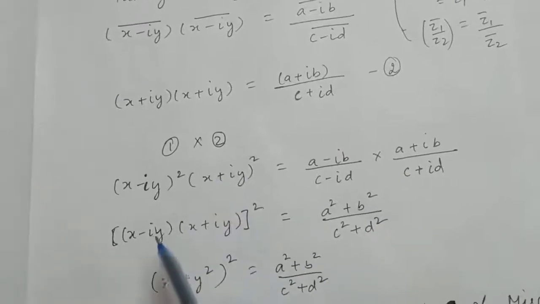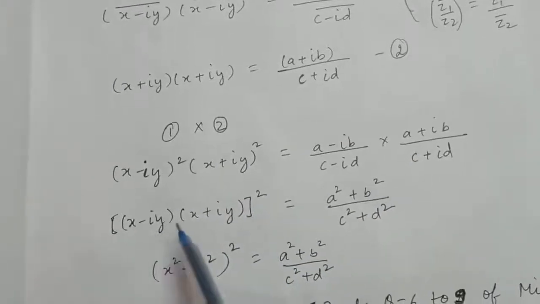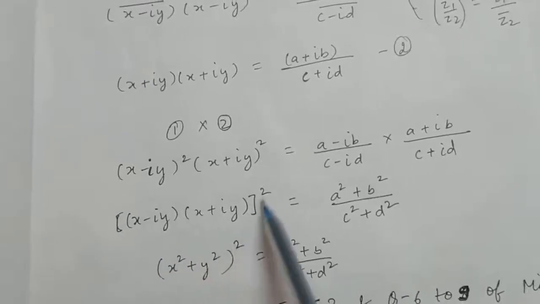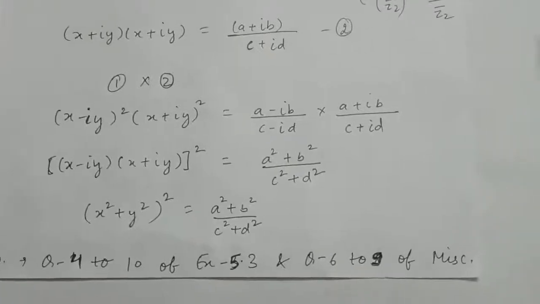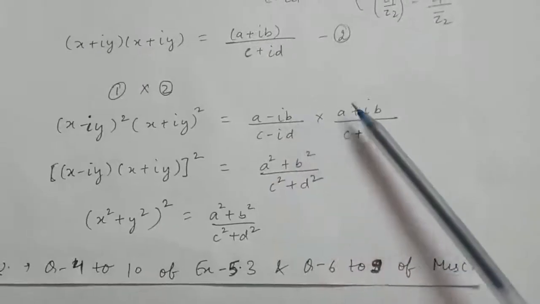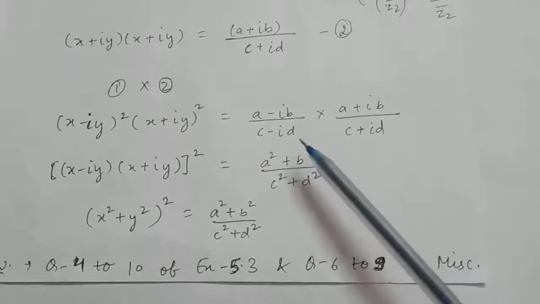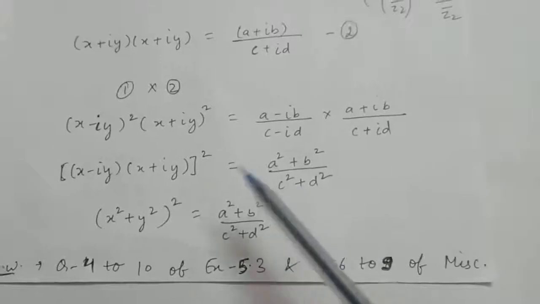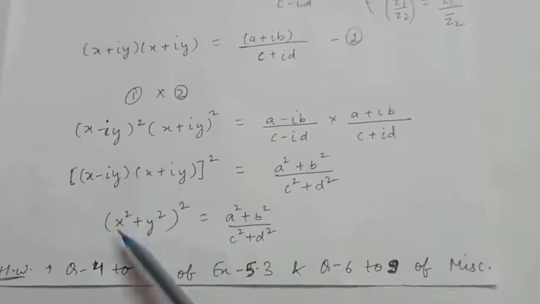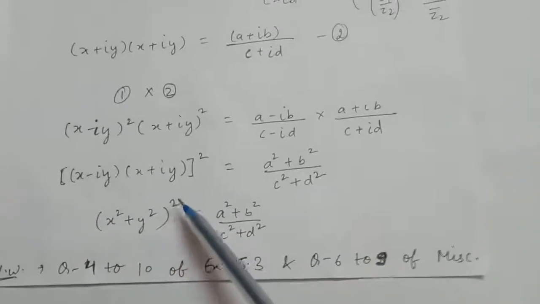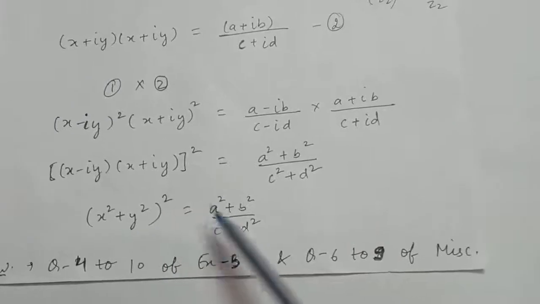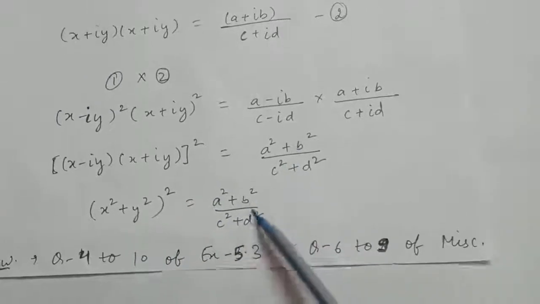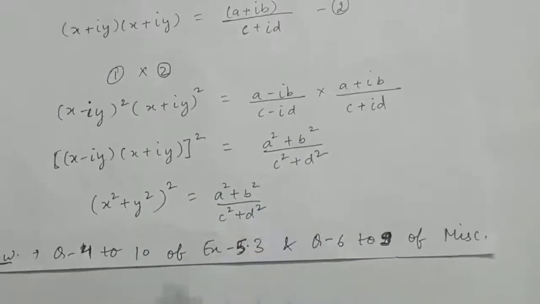Now this can be written as [(x minus iota y) into (x plus iota y)] whole square. Now on the right hand side, the product of these two will be a square plus b square, and the product of these two will be c square plus d square. Now the product of these two will be x square plus y square, and whole square equal to this only. This is only what we wanted to prove, right?